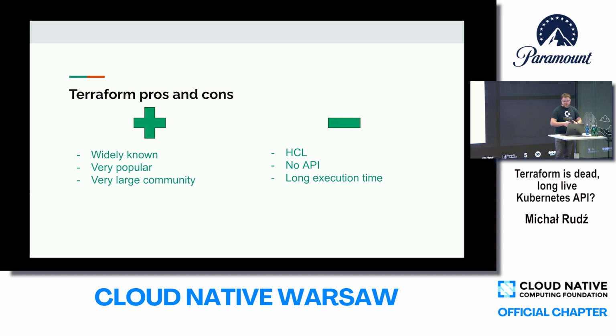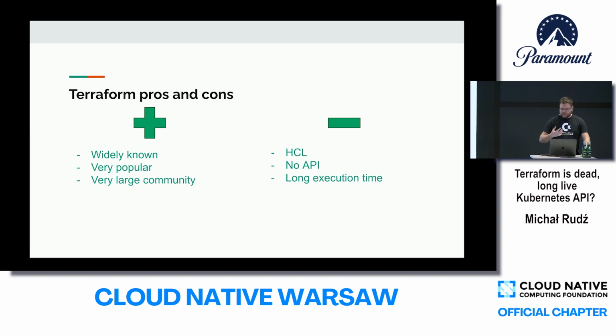If our infrastructure gets bigger and we don't have good splitting between the state files, the executions can take even long minutes, and it is also affected by the plugins or modules which need to be downloaded, so it also takes time.